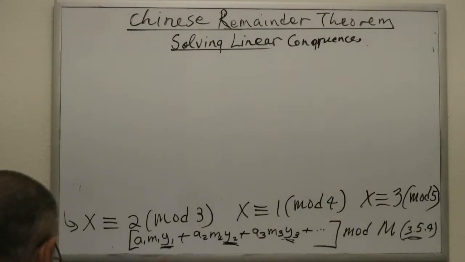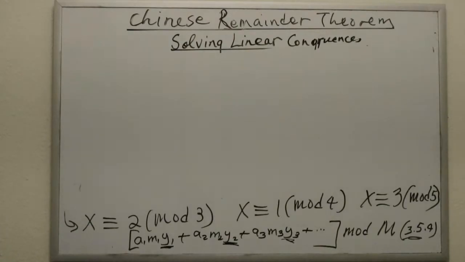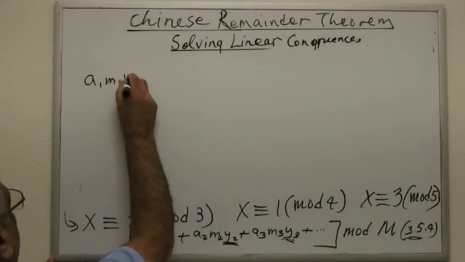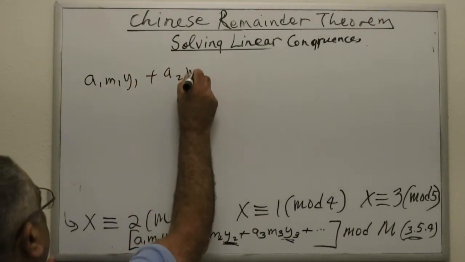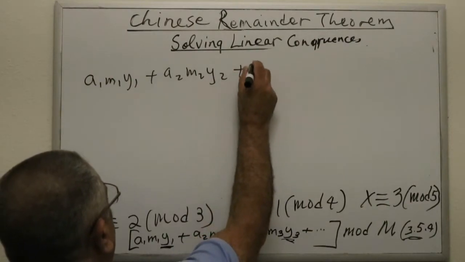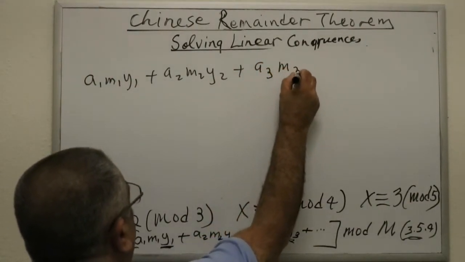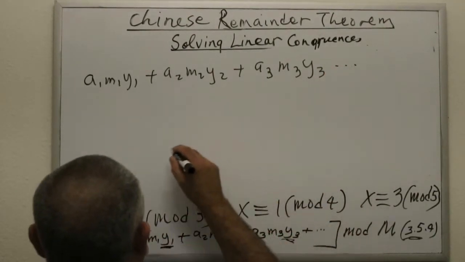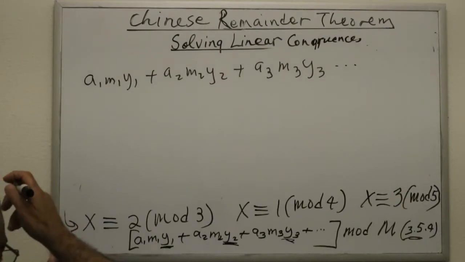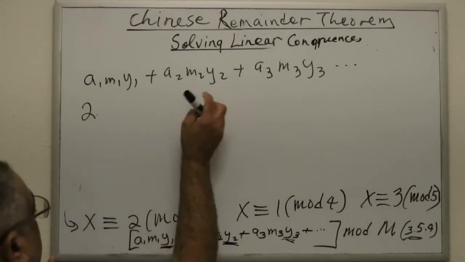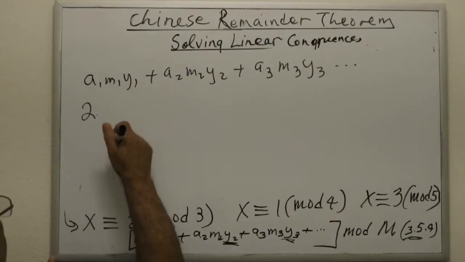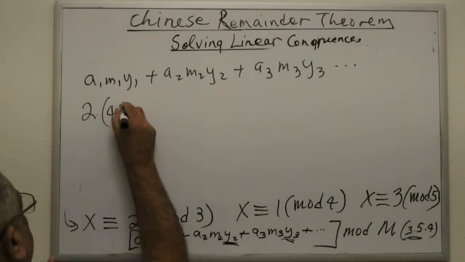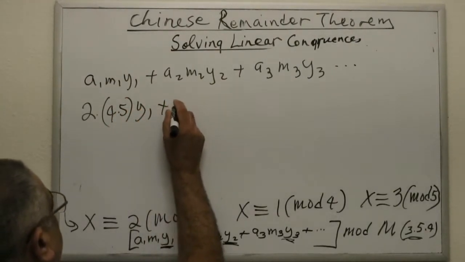So in this case, I have this scenario here where I have A1, M1, Y1, A2, M2, Y2, A3, M3, Y3. So that goes on, and like I said, if I look at A1, in this case, this is 2, because I'm looking at this one. And now, what is M? M is actually 4 times 5. See, I have to take, and this is Y1 plus A2.